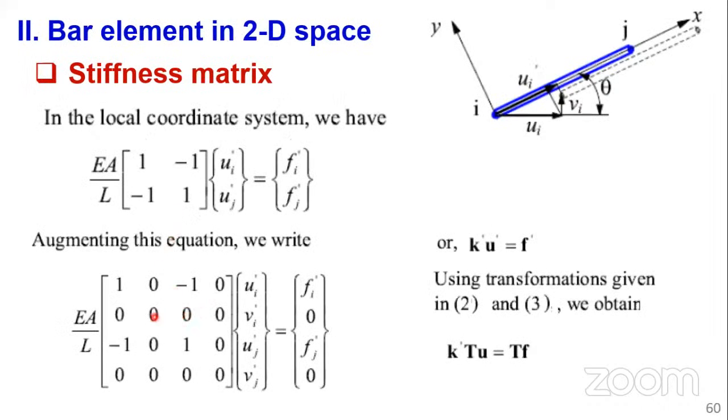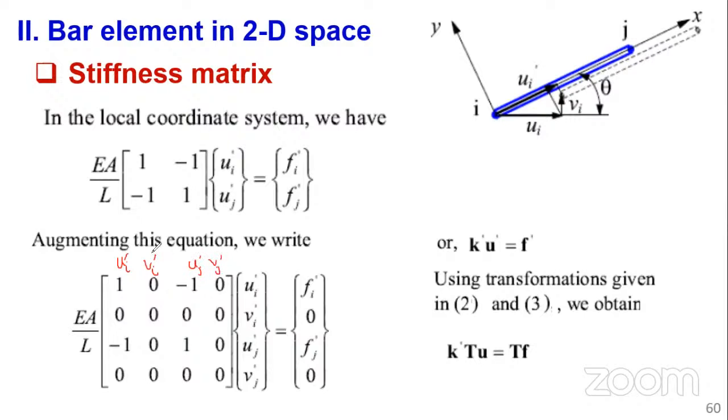So what you need to remove, what you are ignoring, are the rows and columns associated with Vi. You know, this is Ui prime, Vi prime, Uj prime, Vj prime.